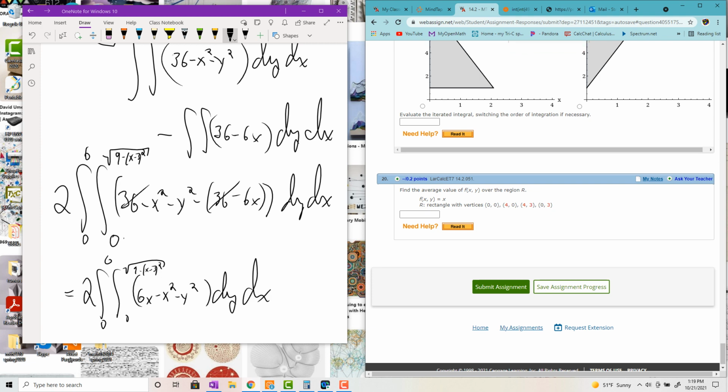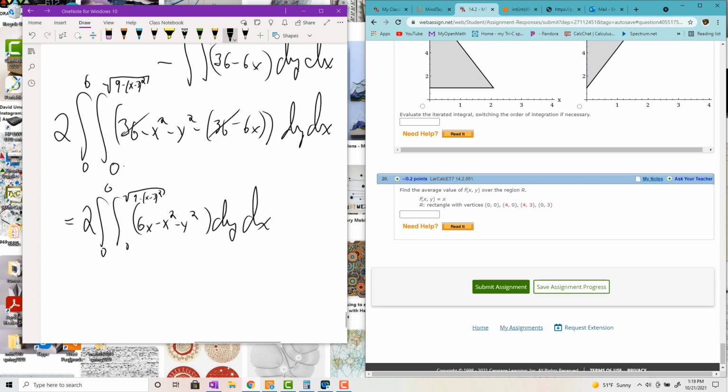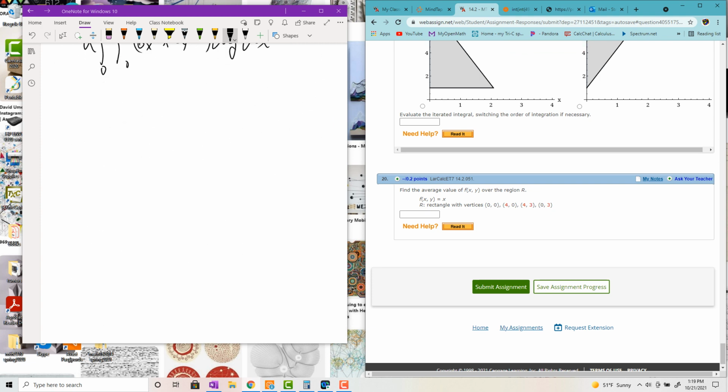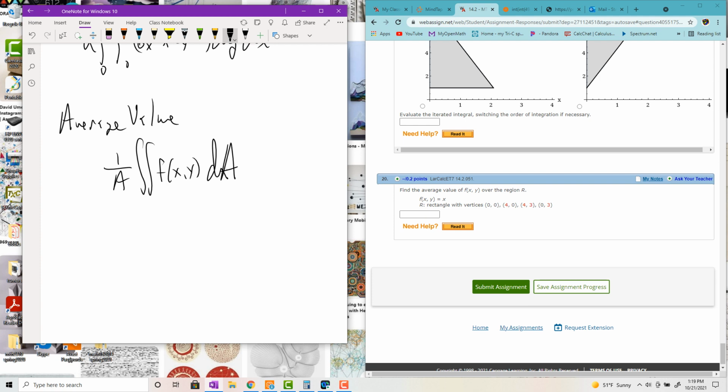Another sketch region. Average value, again, it's just like a probability thing. For average value, the formula is going to be 1 over the area times the double integral of the function over whatever region you're dealing with, dy dx or just dA.